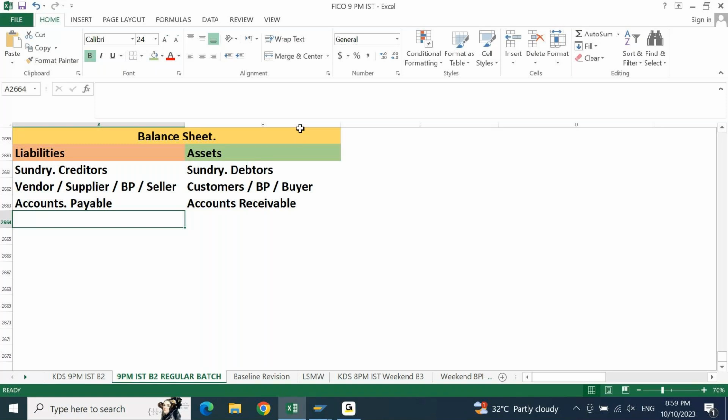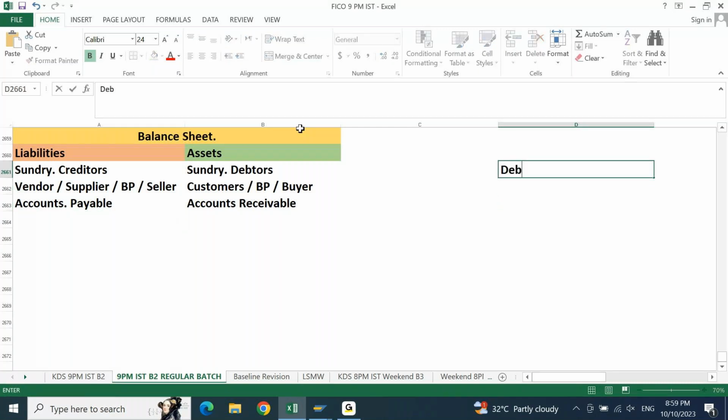Once we know that, okay, my creditor is represented in liability, debtor is represented in asset. What is creditor, what is debtor? We need to understand based on vendor, customer, payable, receivable. Once you have this differentiation without any confusion, these minute confusions we have to remove from the beginning onwards. Otherwise, we will get confused between supplier, seller, buyer, creditor, debtor and all.